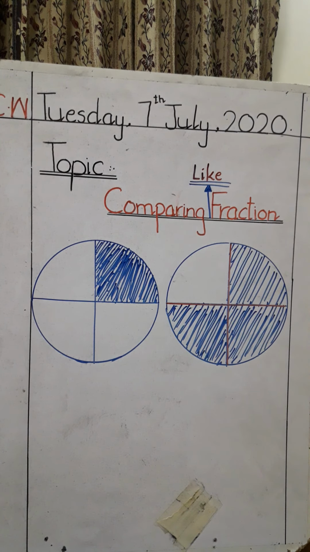So we can say clearly that the colored area of 3 by 4 is more than 1 by 4, because 3 out of 4 equal parts will always be greater than 1 by 4. So the fraction 3 by 4 is greater than 1 by 4, and 1 by 4 is less than 3 by 4.